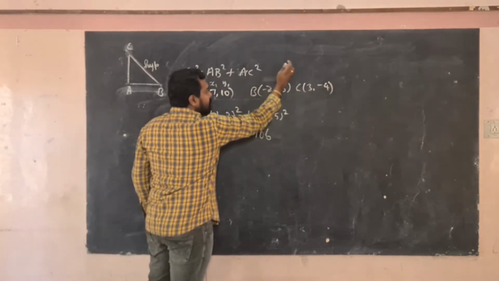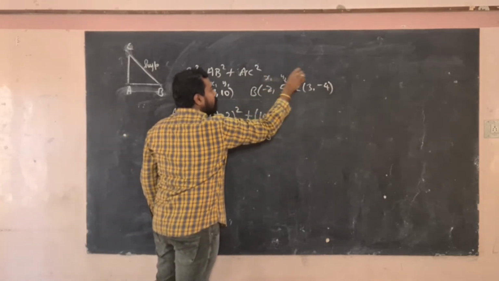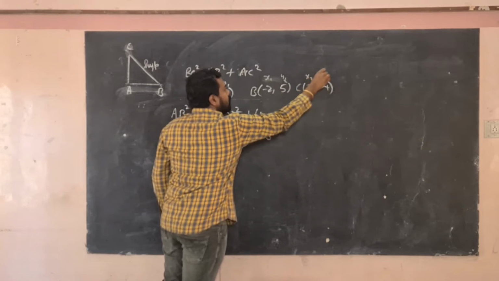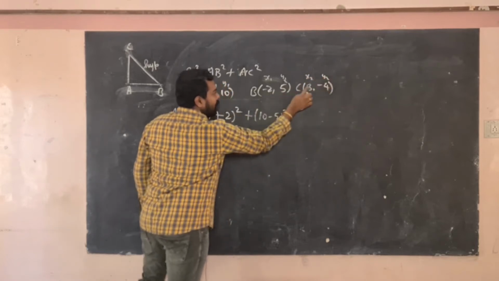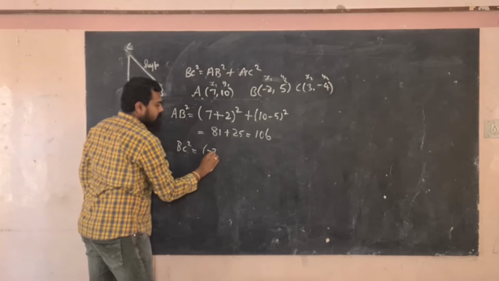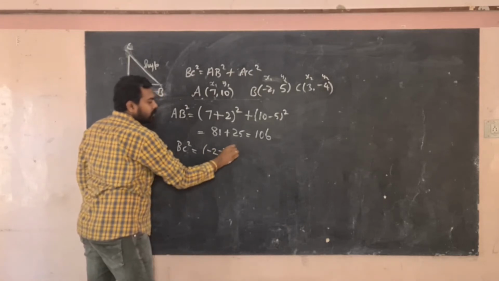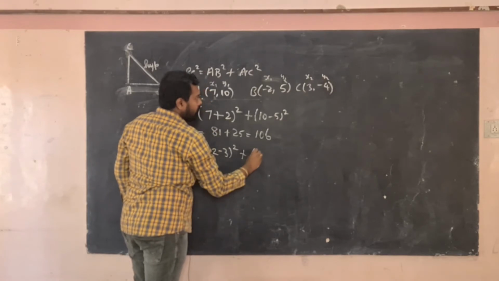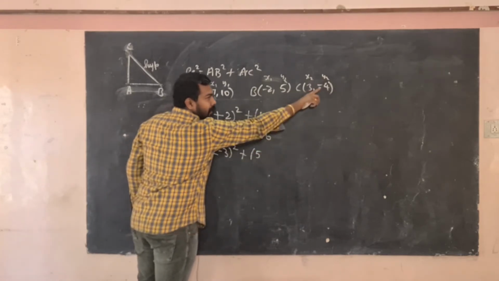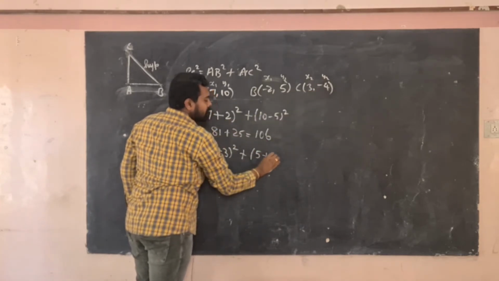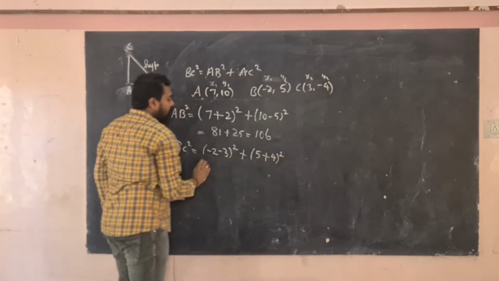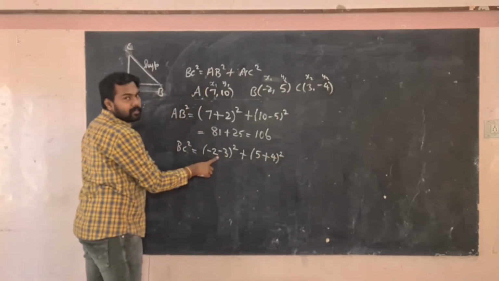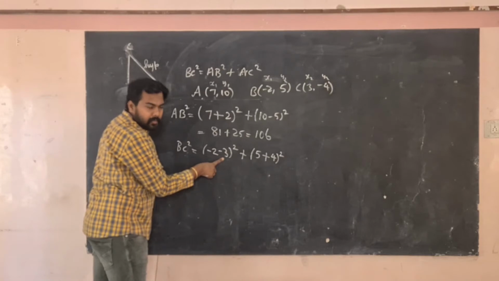You take this as x1, y1, this as x2, y2. x1 minus x2 the whole square, minus 2 minus 3 the whole square, plus y1 minus y2. So 5, already there is a minus over here, so it will become plus 4 the whole square. What is minus 2 minus 3? It is minus 5.